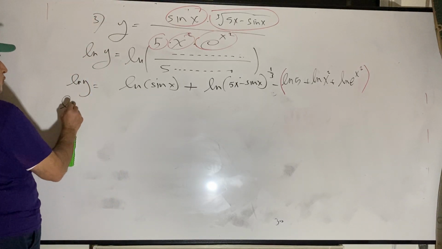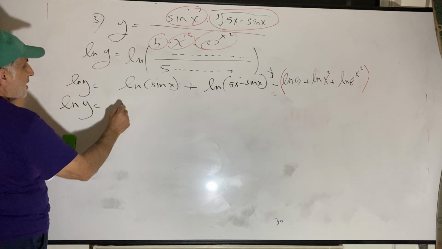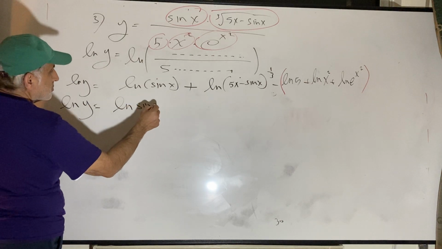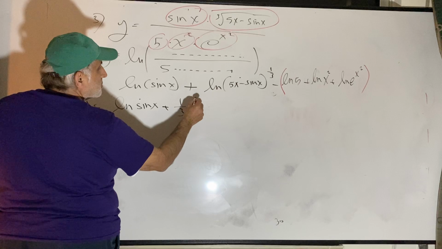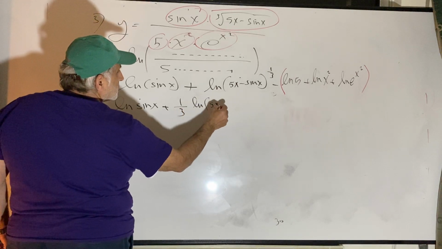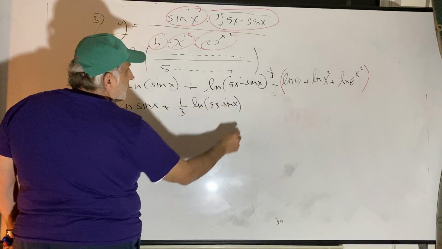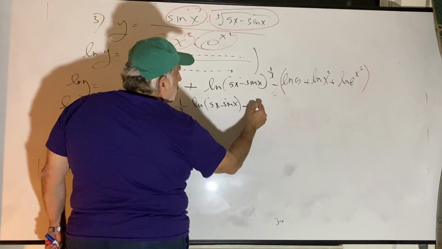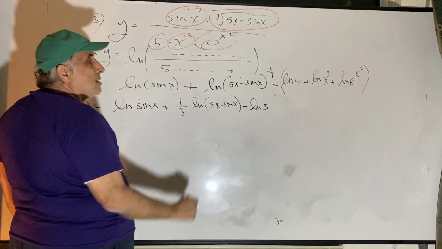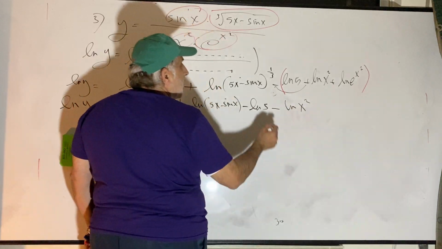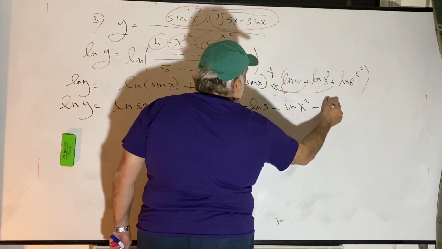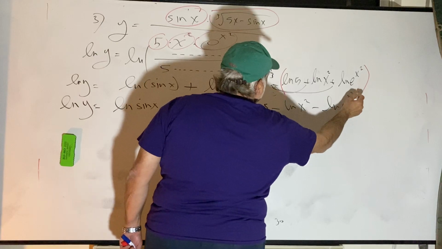Now, before the last step, this has nothing to change. This one, I bring the 1/3 down. Minus times ln, minus ln 5, minus times plus, minus ln x squared, and this negative times plus, negative ln e to the power x squared.